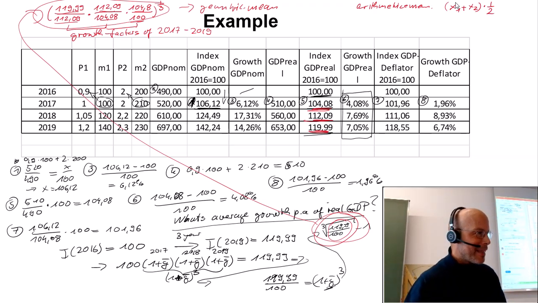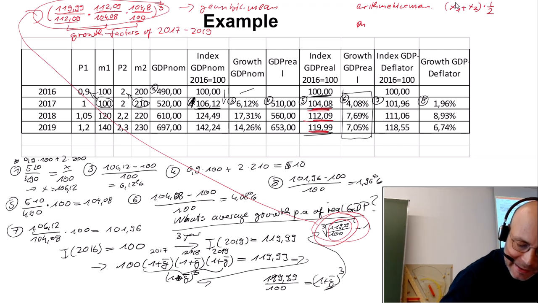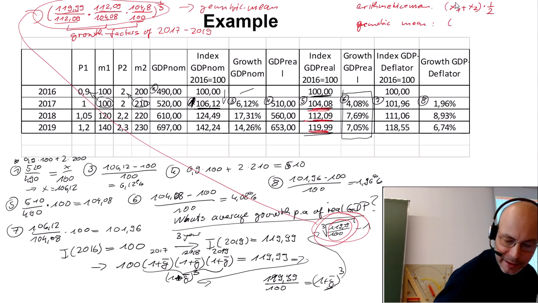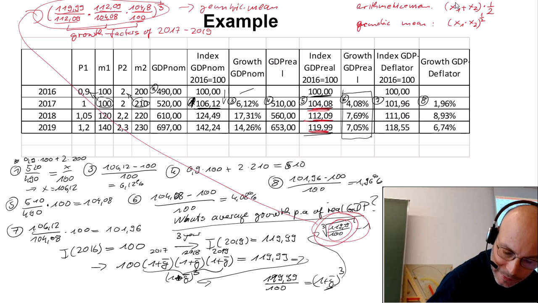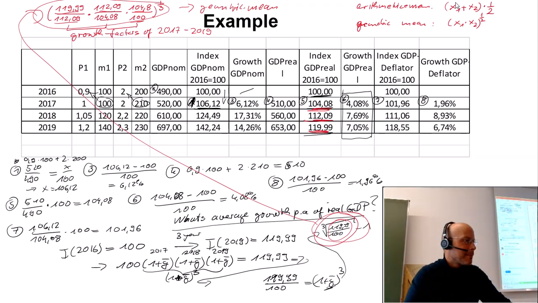But there are other means which we need, and the geometric mean is just defined as x1 times x2, and now we are just moving this 1/2 up as an exponent. So what we are just doing is interchanging the plus sign with the multiplication and multiplying by 1/2, taking the root or taking the exponent of 1/2.